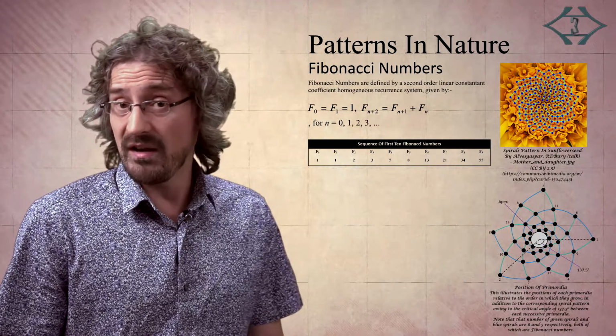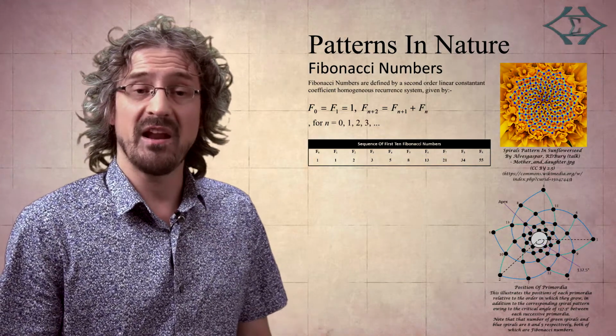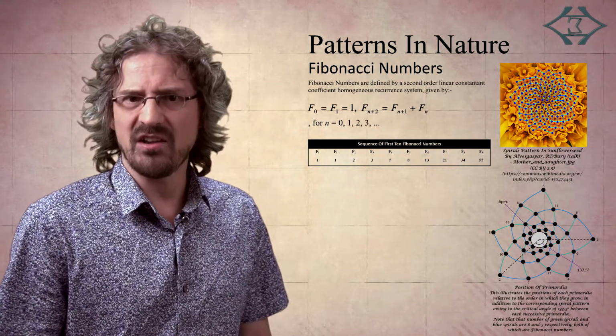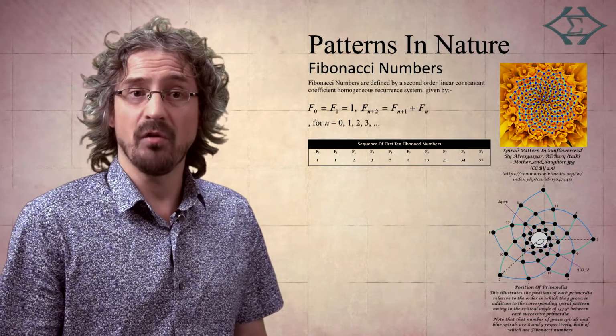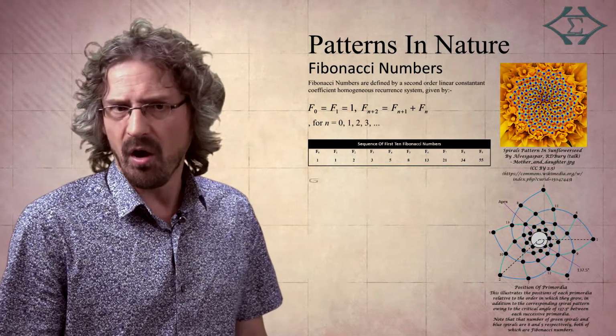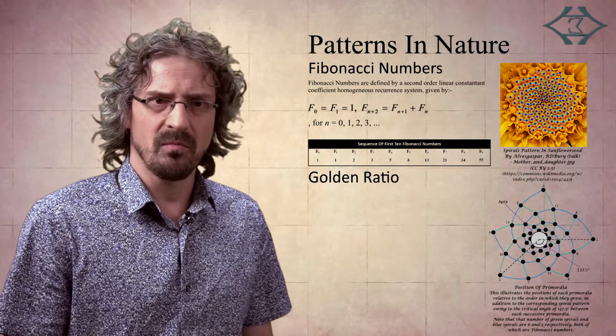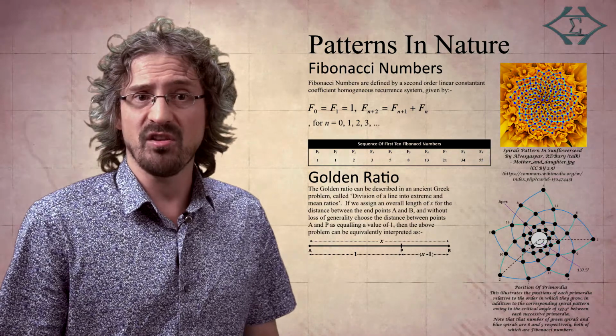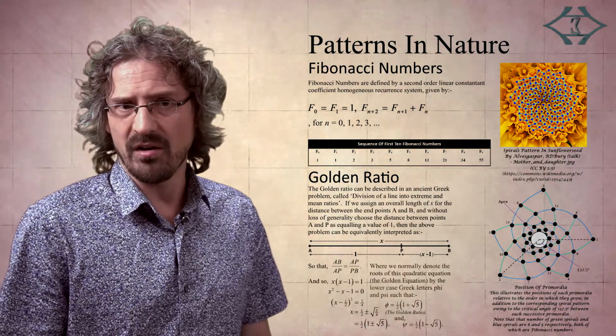The fundamental link between the mathematics of the Fibonacci numbers and those seen in nature is owing to the presence of an irrational number, often called the golden number, or otherwise called the golden ratio, which is usually denoted by the Greek lowercase letter phi.